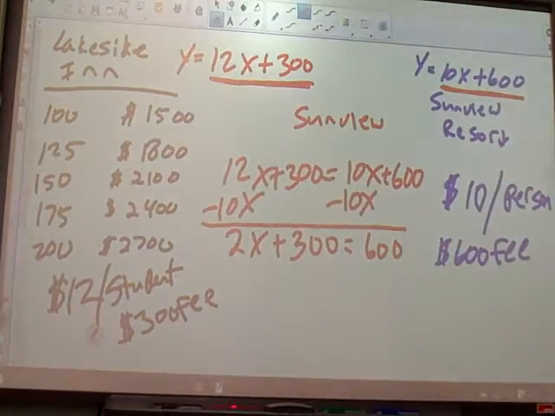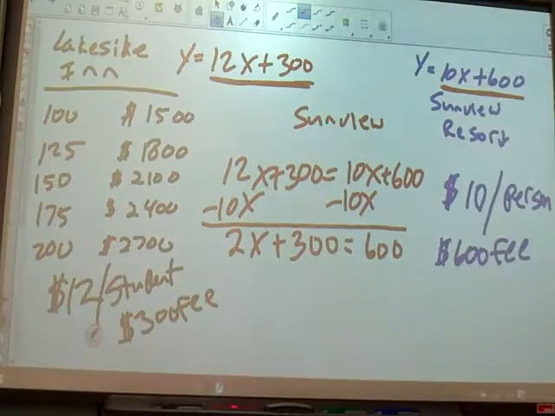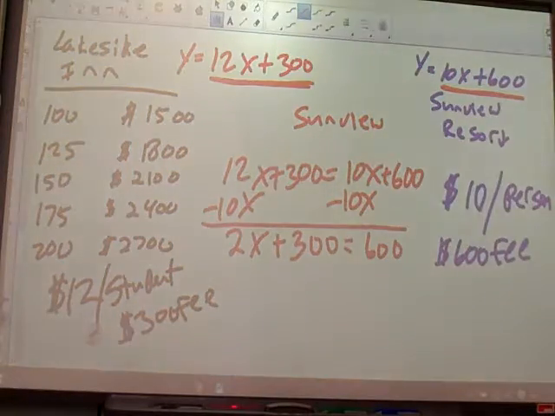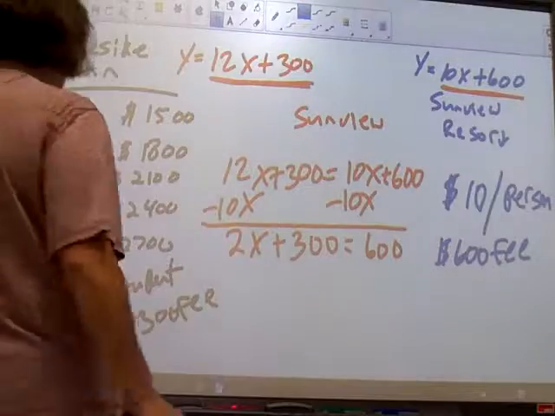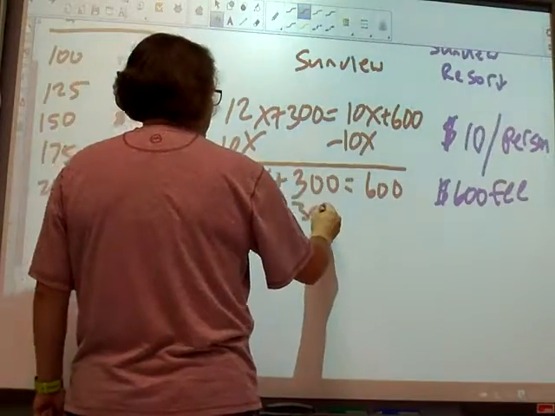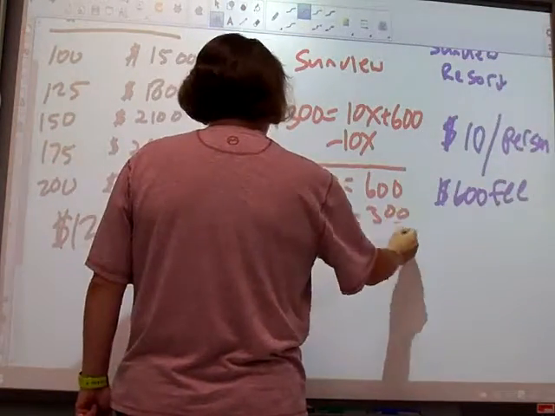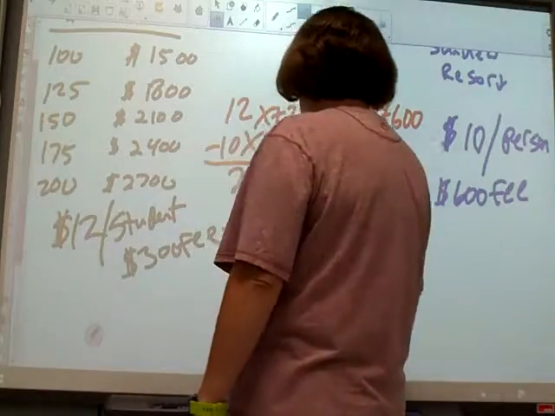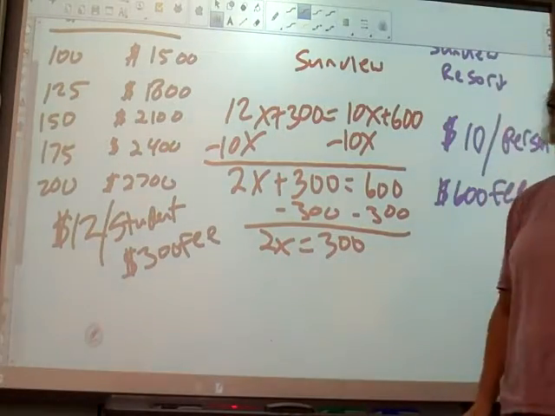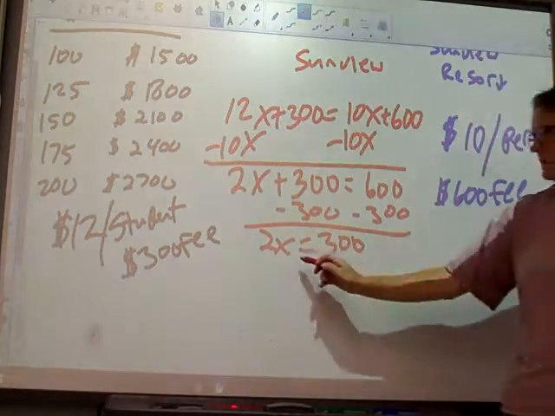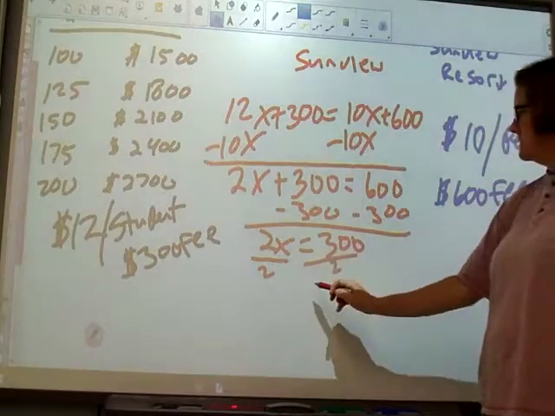So Tori doesn't have a choice now about where to start. What do we have to do here? We're going to subtract 300 from both sides. So our 2x is equal to 300. Last step. Divide by 2.